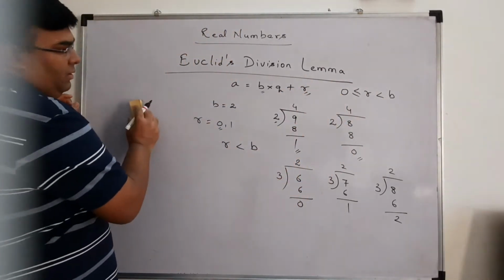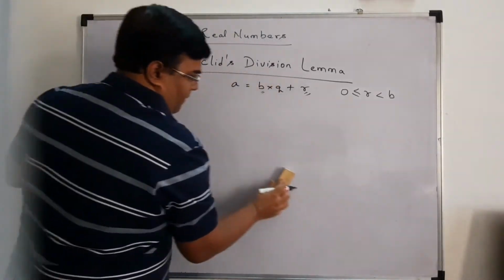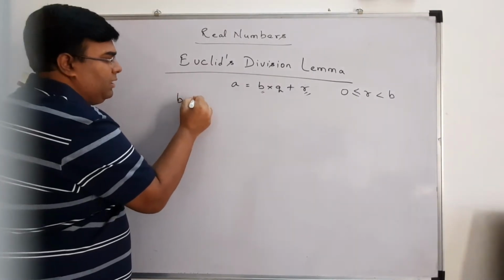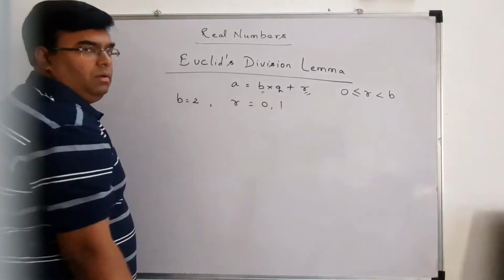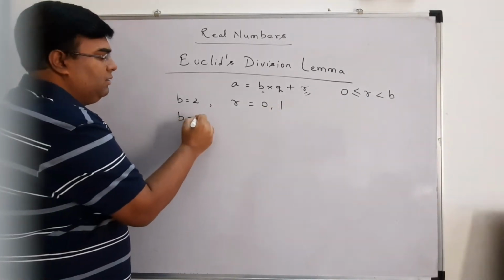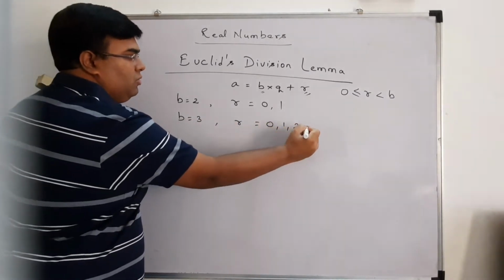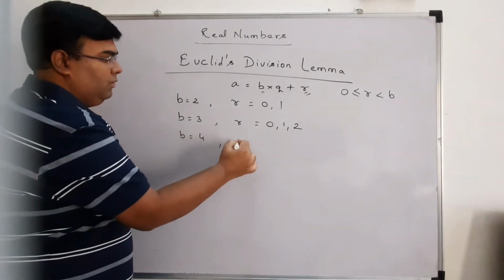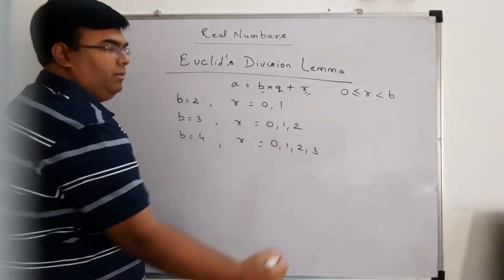So if I take B as 2, my remainder is 0 and 1. If I take B as 3, my remainder will be 0, 1, 2. B as 4, R will be 0, 1, 2, 3.